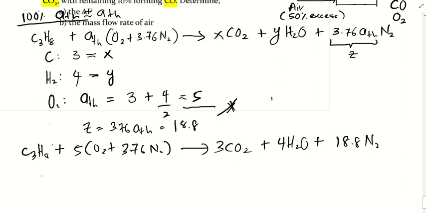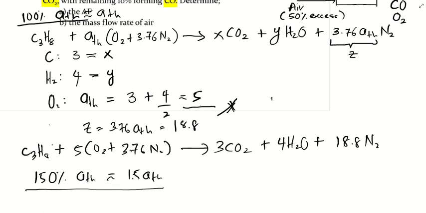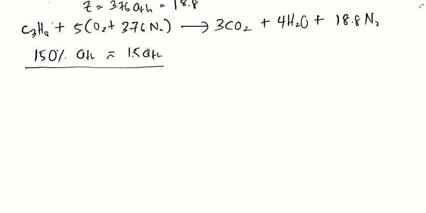Okay, next we go for 150% ATH, which is 1.5 ATH. So next we write down the equation for 1.5 ATH.